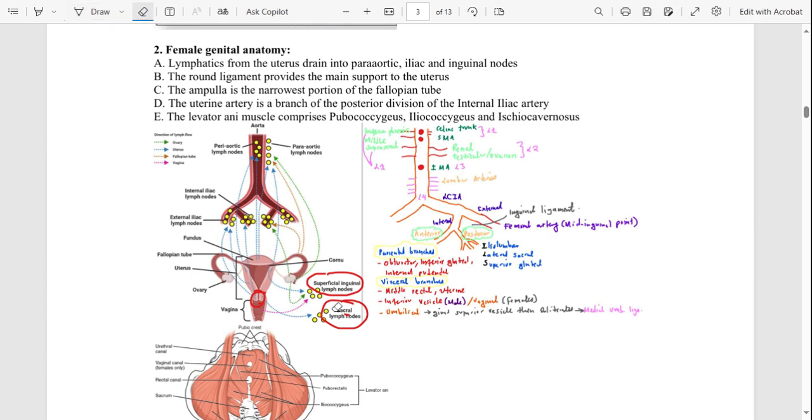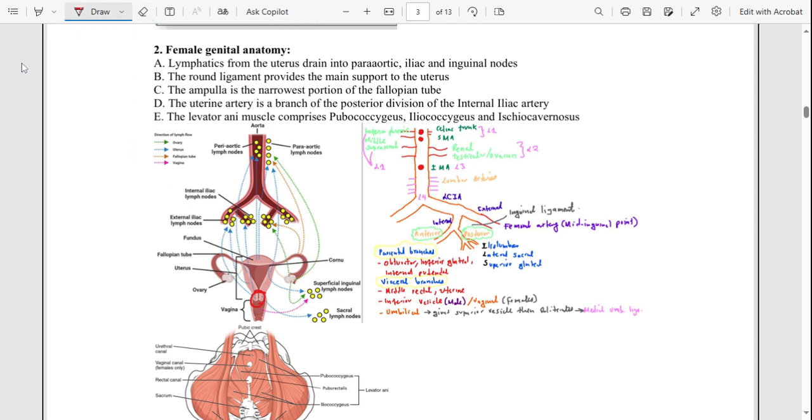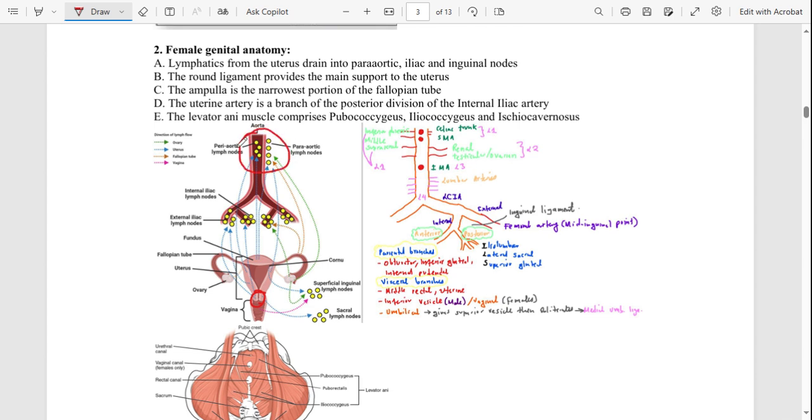And then we have the body of the uterus. You can see the body of the uterus and also the fundus. The fundus is going to the nodes around the aorta, which we call the para-aortic nodes.